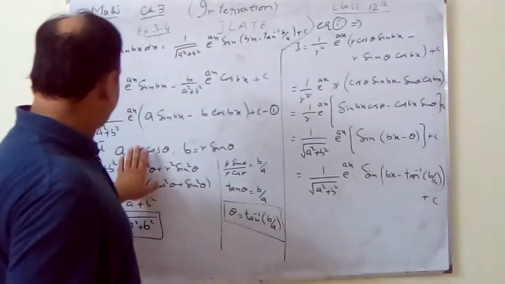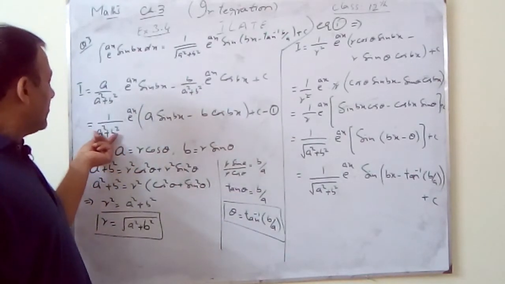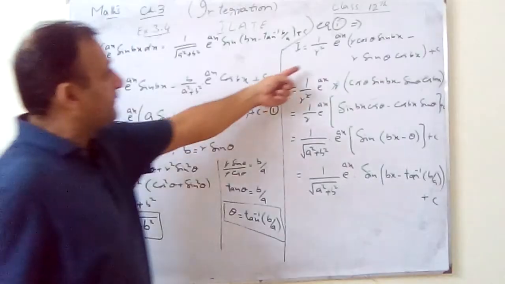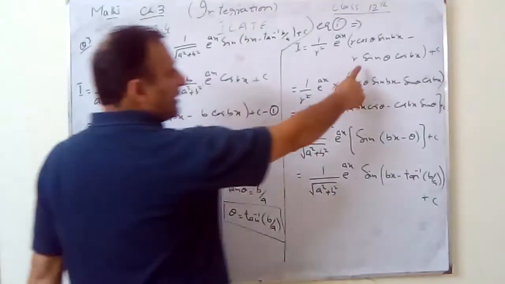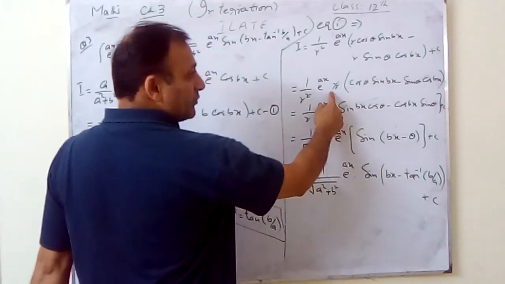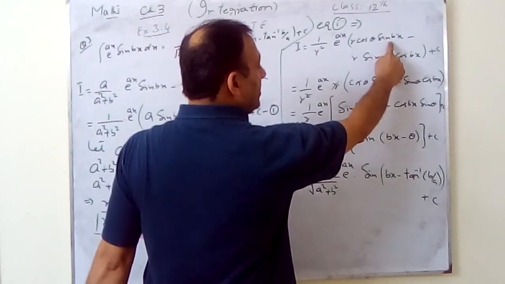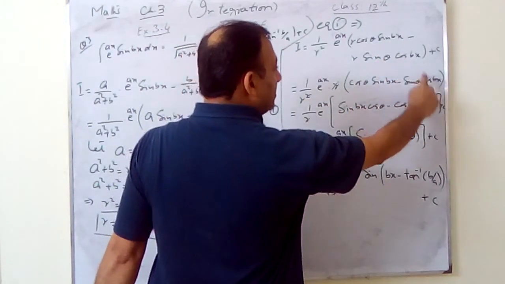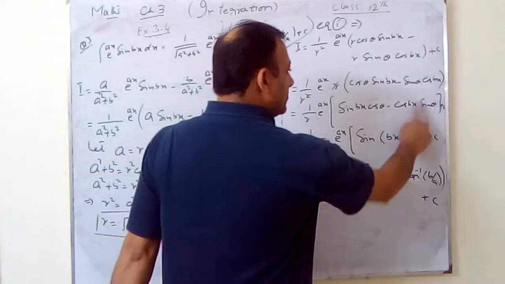So here in this equation, just replacing the value, a square plus b square is equal to r square, and a is r cos theta, b is r sin theta. So r is common, so I have taken out common, r and r cancel, cos theta sin bx minus sin theta cos bx. I have just rearranged sin bx cos theta, this one.